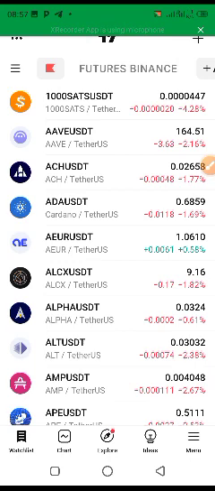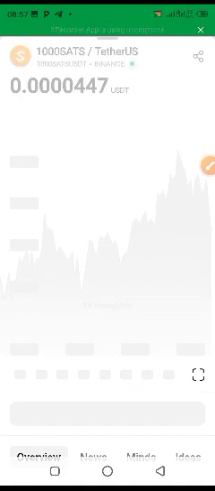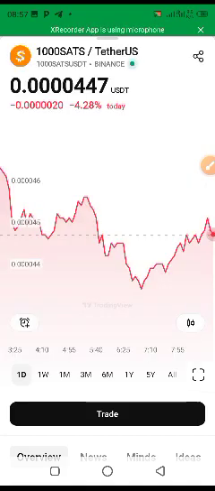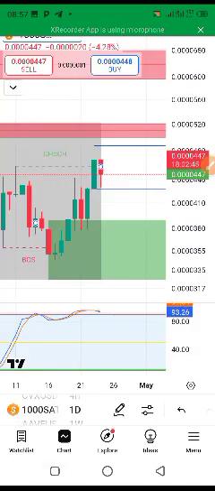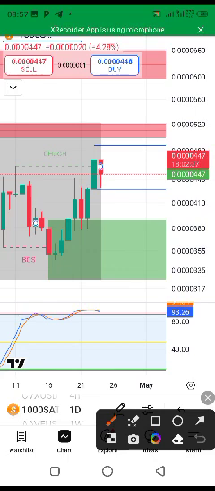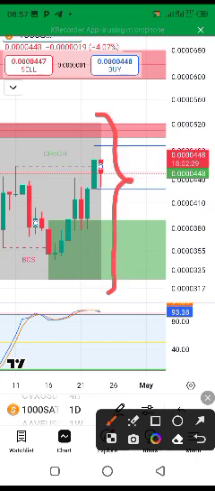Okay, let's open our coin, 1000 sats. We open the chart. Yes, this is our chart. When you observe the chart, you can see it is at the discount zone and it has an order block.